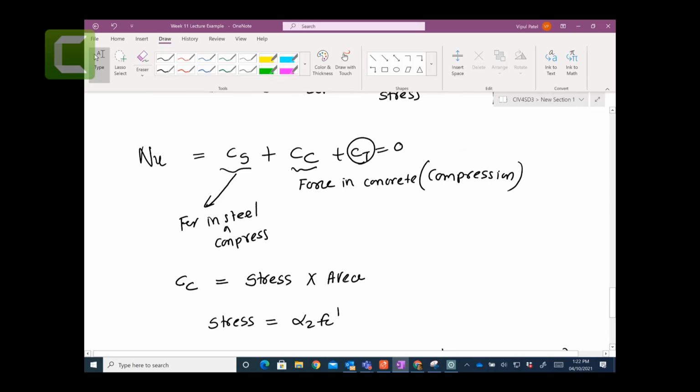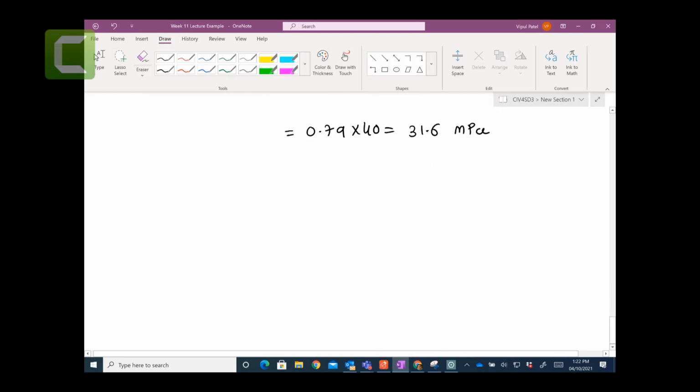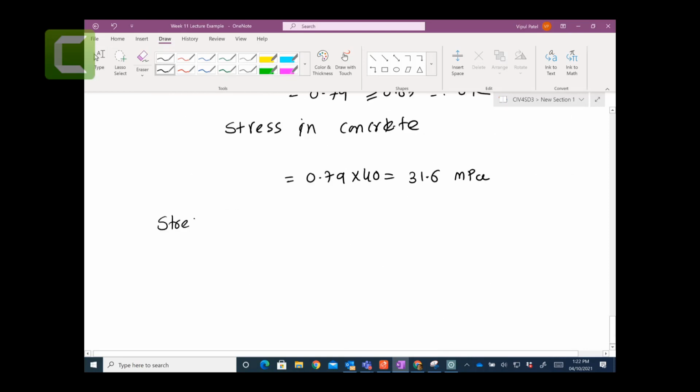The area of the concrete we know. Now the stress in the steel, the compression steel. Let's put that CS, compression steel. CS is equal to stress times area.